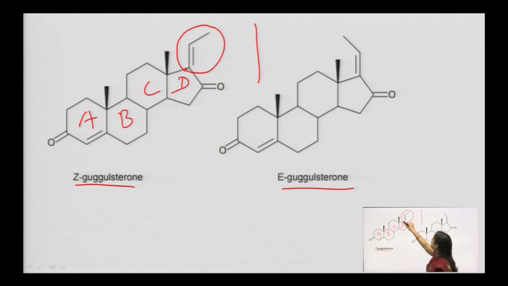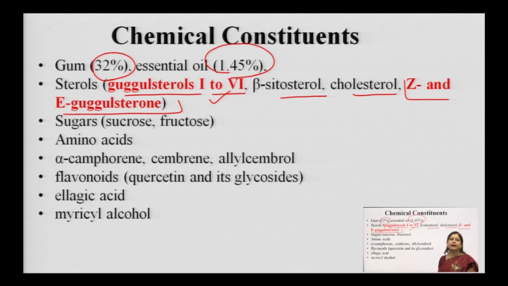You can see the arrangement of this bond at C17. So, there is a difference in the arrangement of Z guggulosterone and E guggulosterone, because of which they are somewhat like a mirror image, and that is why the name is E and Z type, and both are very useful compounds responsible for their activity.